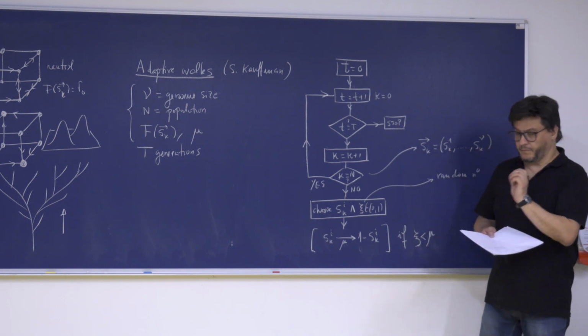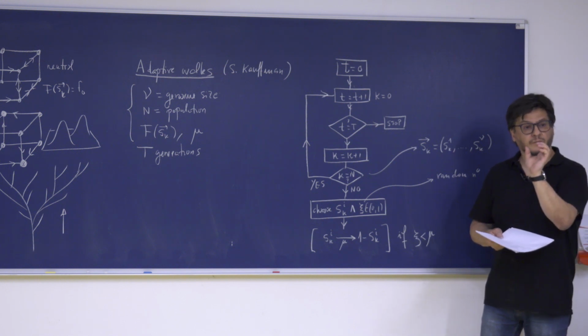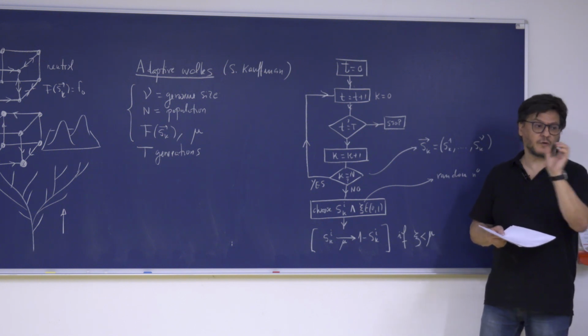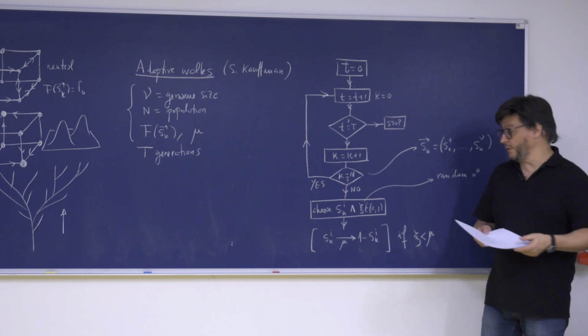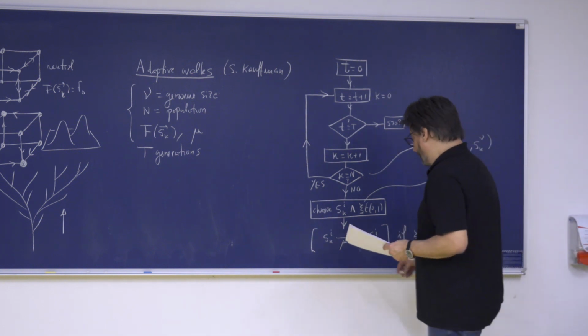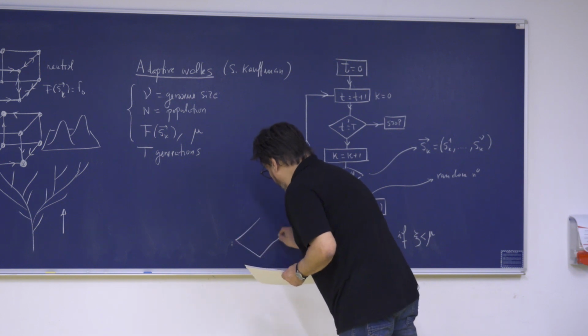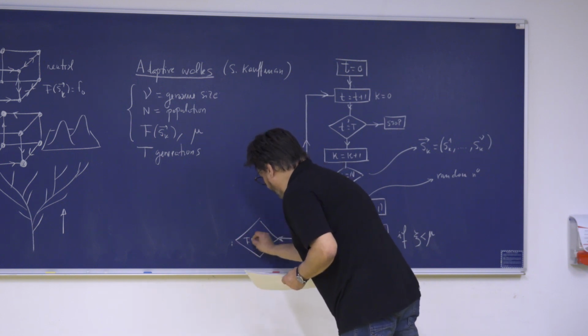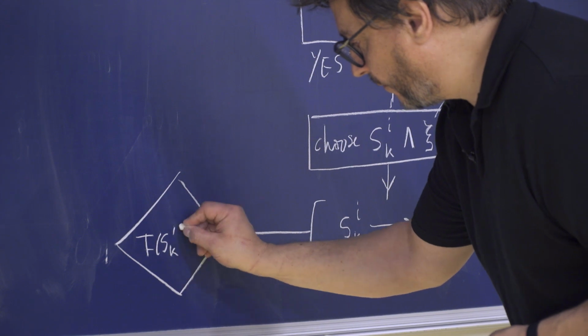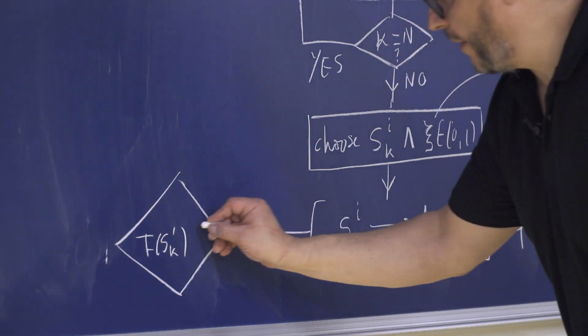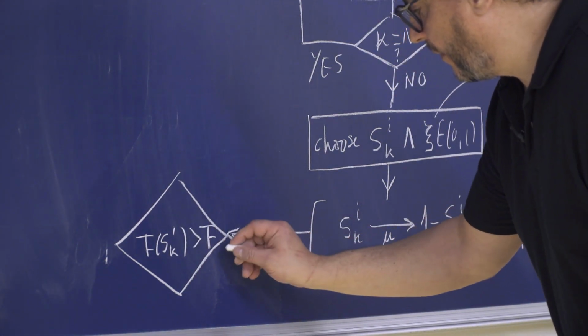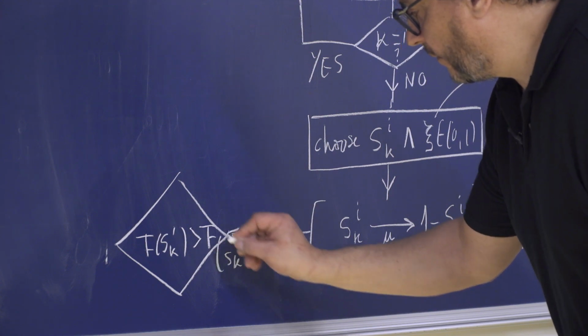The question is: is the fitness of the new string larger or smaller than the one I had? That's what I have to ask. This goes into the question of whether f of S_K prime is larger than f of S_K.